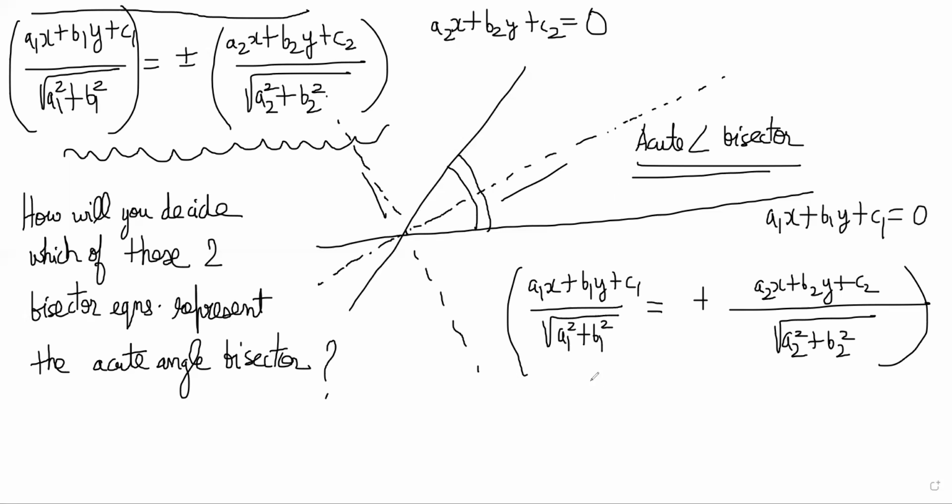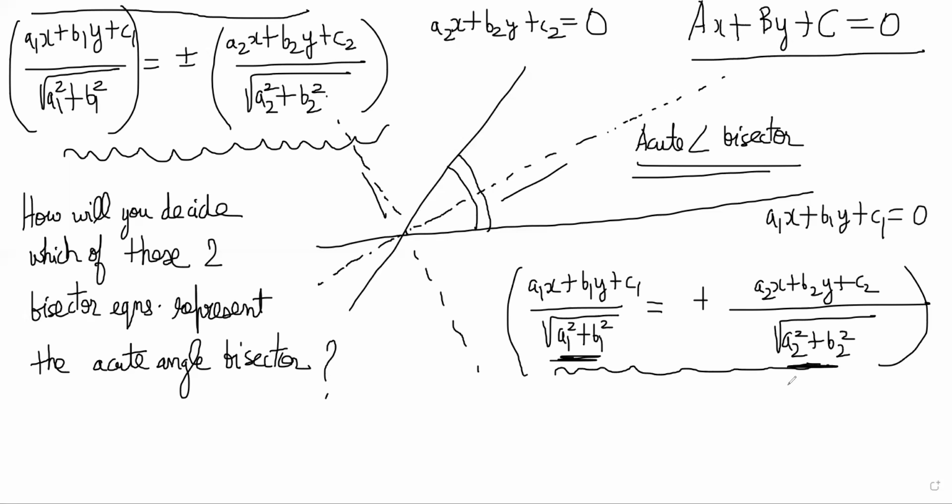So what you can do is, this is a line equation. You realize that it is a line equation because the denominator is a constant, and you can bring all the terms on one side and simplify and make it something in x plus something in y plus something constant.